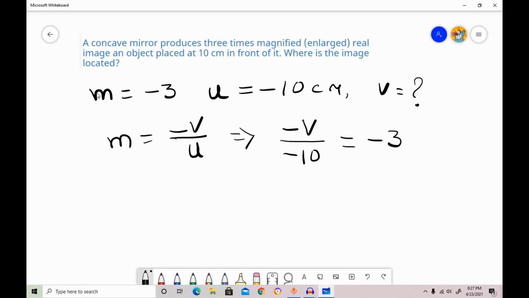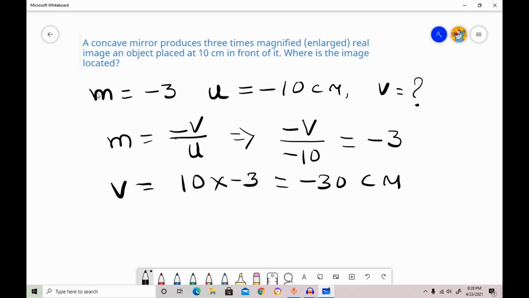This minus gets cancelled, and v becomes 10 into -3, which is -30 centimeter. So where is the image located? The minus means it is located at a distance of 30 centimeter in front of the mirror. The nature of the image is real and inverted.